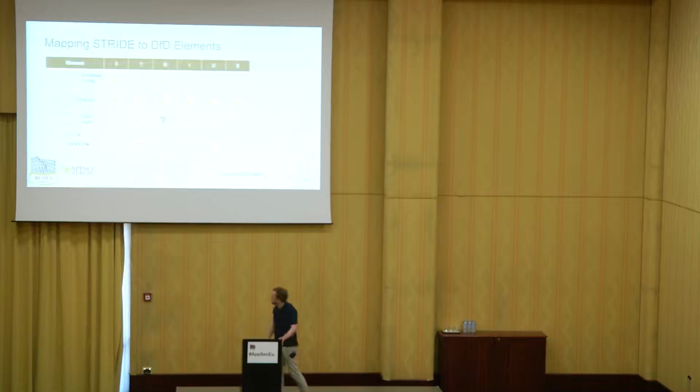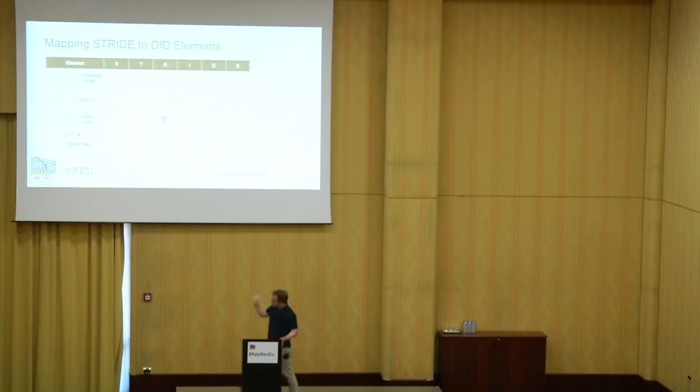The interesting thing about this technique that Microsoft introduced is to map these STRIDE elements to these DFD elements. For instance, just to make it very short, we have a data flow. A data flow can potentially be tampered with, right? So if you have an HTTP connection, it can be tampered with, or it can be disrupted, or you can sniff it.